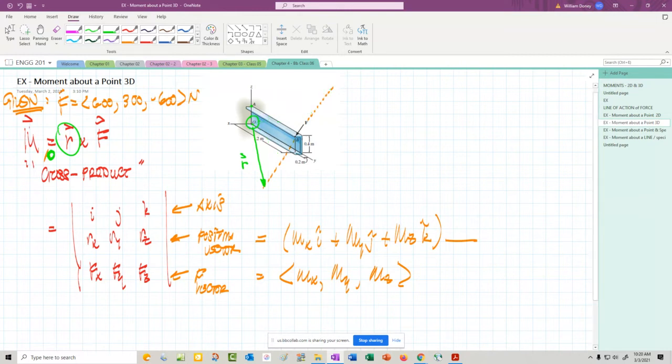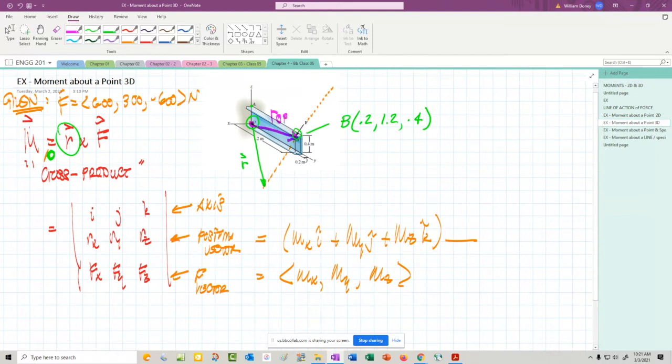However, there's one or maybe two at most that are a lot easier, because of what you're given in the problem. We are told what point B is. From the drawing, at least, we know it's going to be 0.2, 1.2, and 0.4. So the position vector we want to use would be easiest to take from the point of interest to a point on the line of action.